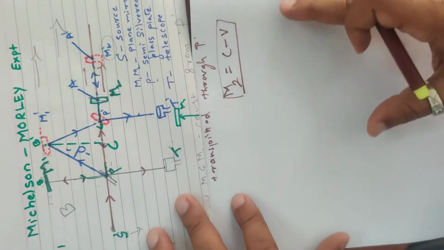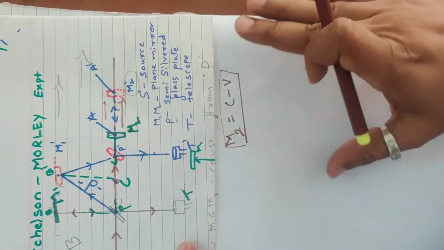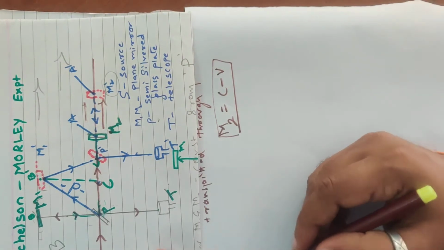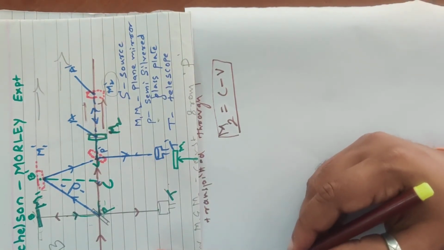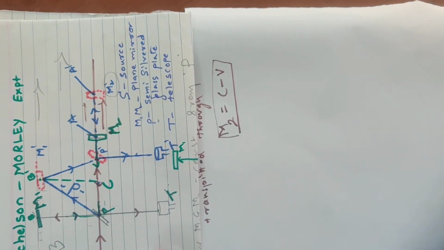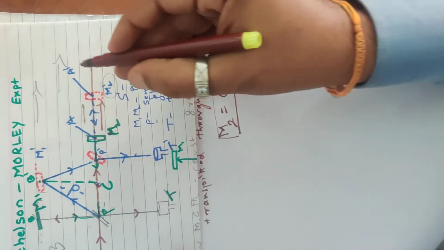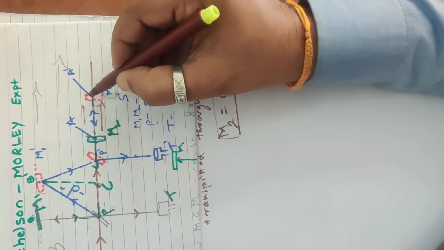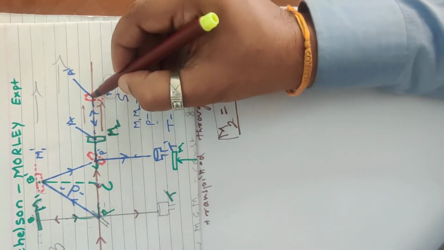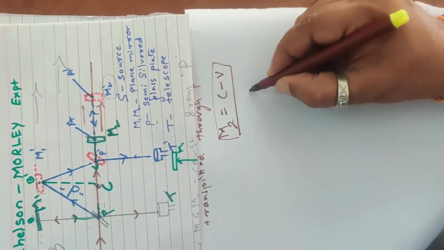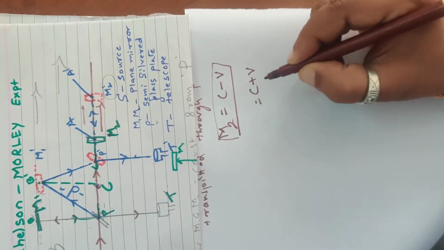Now what are we going to do? Now the time taken. After reflection at A dash, the light bounces back. Therefore after reflection the velocity of light will be c plus v.